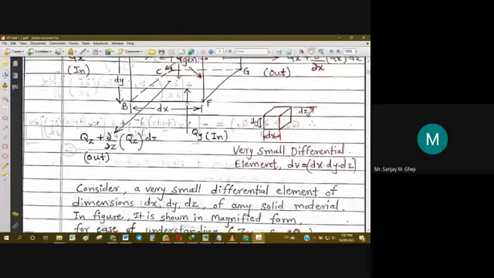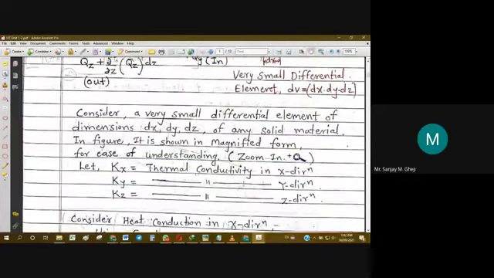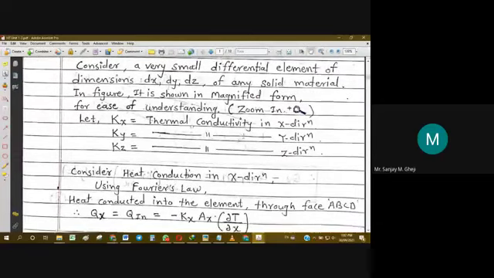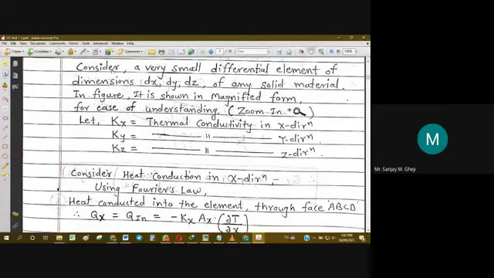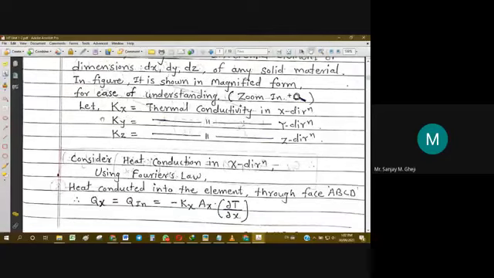So with this, we now proceed to our mathematical derivation. The same is said here. Consider a very small differential element of dimensions dx, dy, dz of any solid material. Now let the conductivities be kx, ky and kz, three different values in the x, y and z directions, because we are considering a general case, so we will treat them differently.